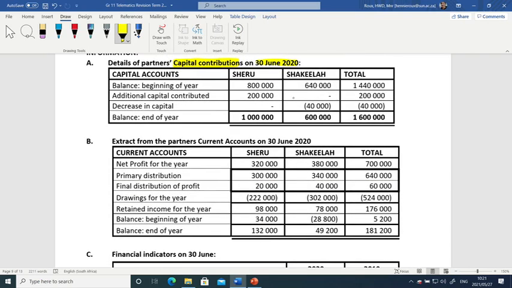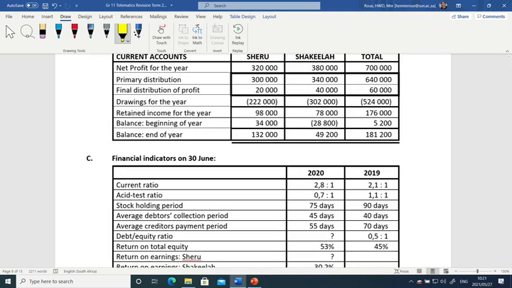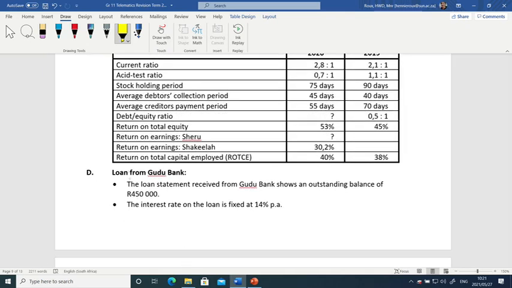Extract from the current accounts of the partners, and then they give you financial indicators. So that is the information given. And also there at the bottom, they tell you the loan amount, 450, and the interest rate on the loan, 14%.